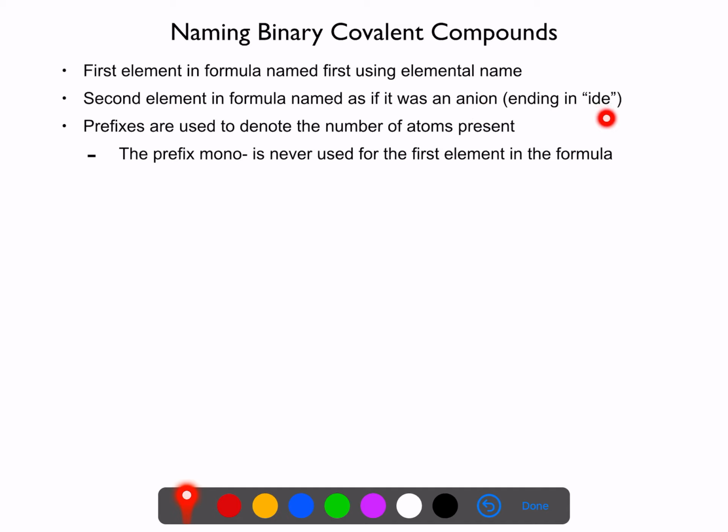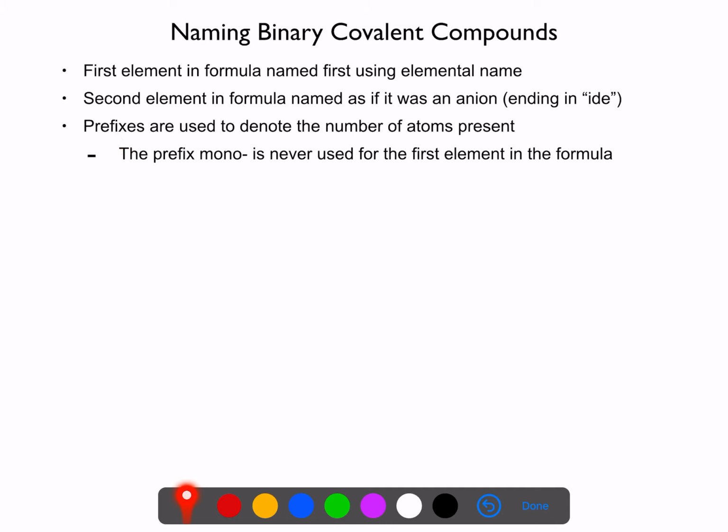But here, because we're not balancing out a charge like our ionic compound, we have to denote how many of each type of atom are present. And we're going to do that by using a prefix system.